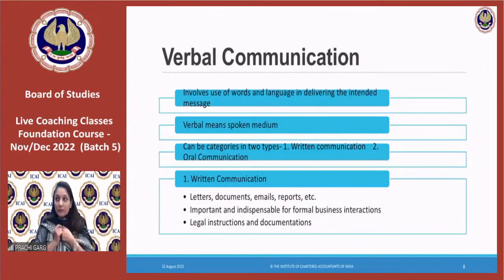If I am publishing an ad through a brochure and getting it circulated everywhere, I am communicating through that brochure to everyone that there's so and so new product in the market, you should try. The words that I write on it when I'm marketing my product in written form, that is also communication, right?